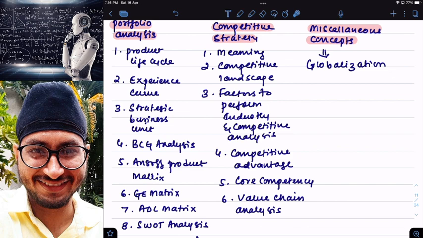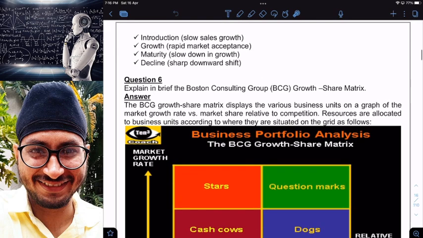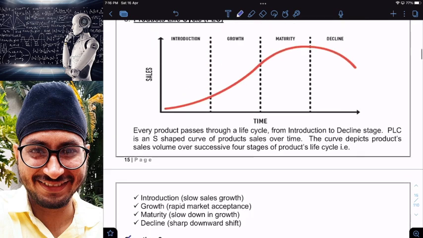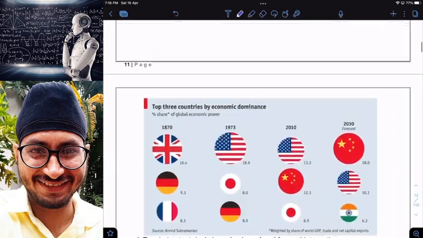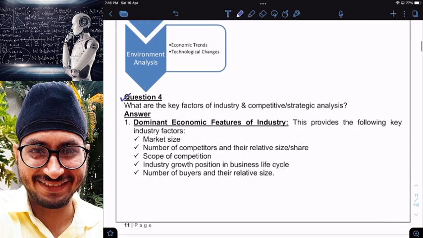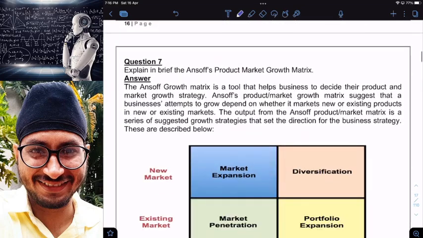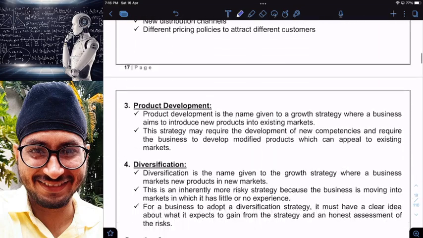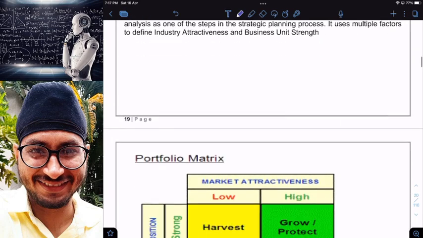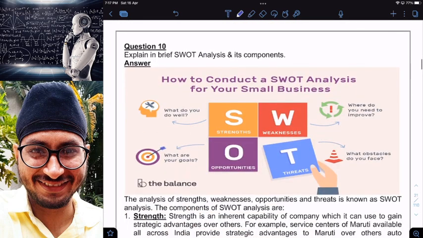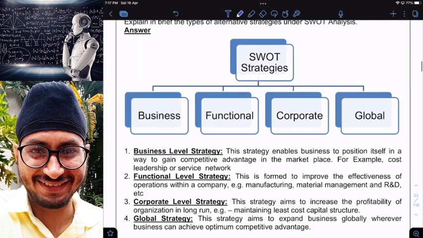Now going back here, question number 6 we have done, question number 5 we have done, question number 4 just now we have completed. 4 done, 5 done, 6 also done, 7 also done, Ansoff product matrix, 8 also done, ADL matrix, 9 done, GE matrix, 10 done, SWOT analysis, and 11 done, alternative to SWOT.